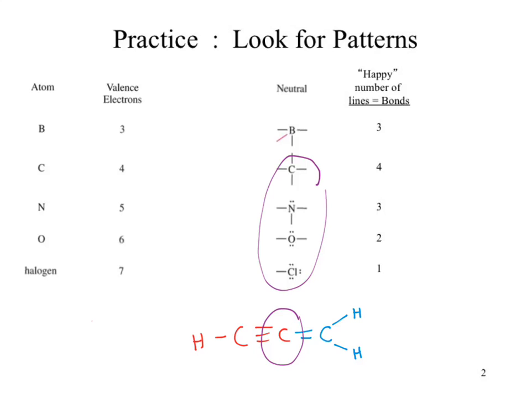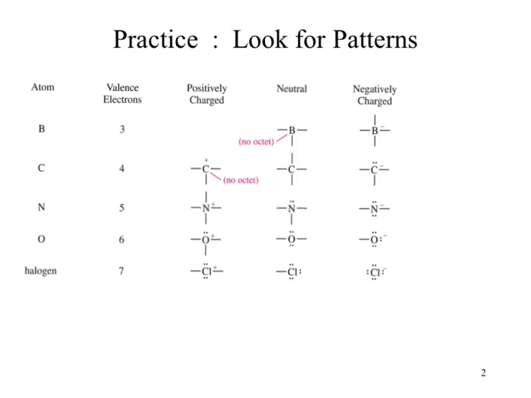The other thing that we could then watch for is what happens if our atom becomes charged. You will find that carbon, nitrogen, oxygen, and your halogens will potentially be charged in your structures. Okay? Because they now have charge, they're going to have a slightly different association of bonds around them, depending on what they're looking at.